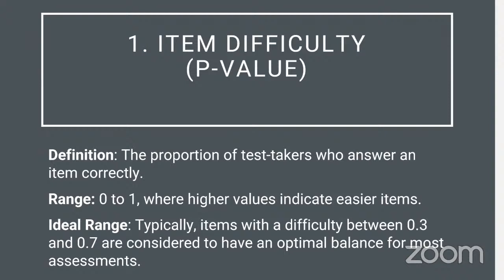And if it is 0.3, that means 30% of the total respondents can write the answer correctly. That indicates this item is relatively difficult to the respondents. Okay. This is the item difficulty.